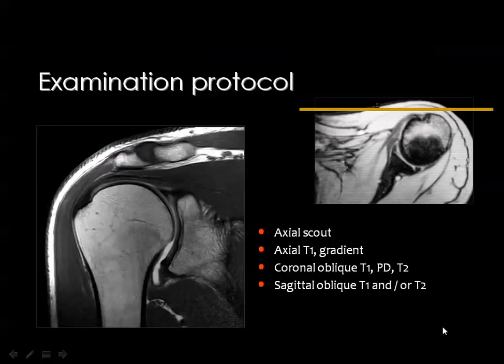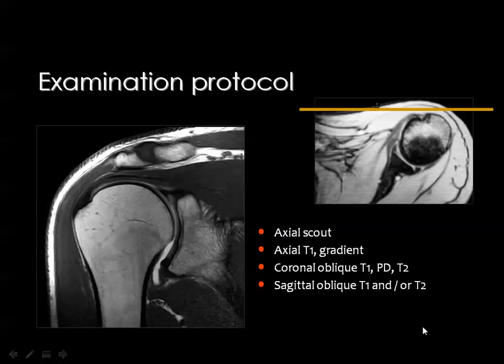The protocol for shoulder examination will include these pulse sequences: axial T1 and gradient, and coronal oblique, and this coronal is usually obtained in the T1 and T2 weighted images. Sometimes you may add a proton density or even STIR weighted images in the coronal plane. And also we have sagittal oblique, which is usually obtained in the T2 weighted image.